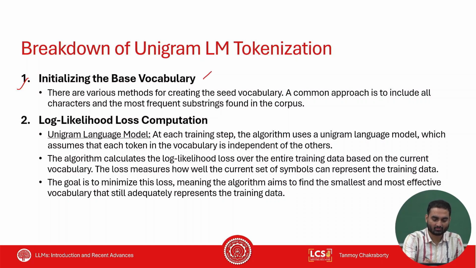To start with, during the initialization stage, we can use different methods to get all possible combinations of vocabulary tokens. For example, you add all the characters, all the possible substrings, into the vocabulary. Then we decide which tokens present in the vocabulary are useful and which are useless.